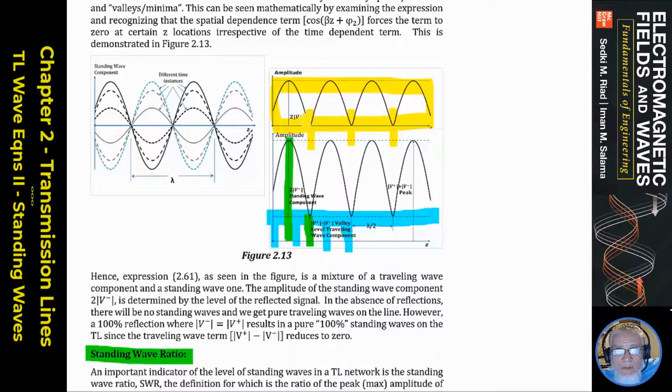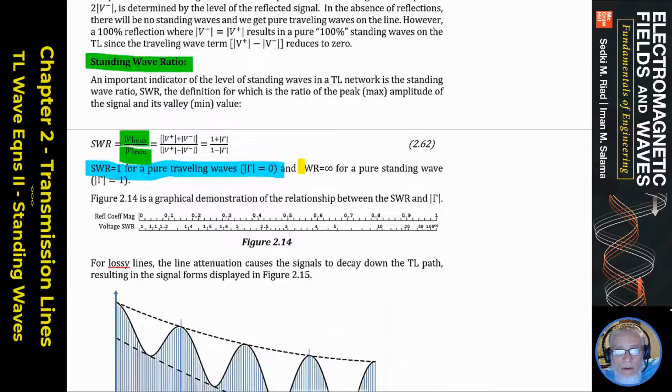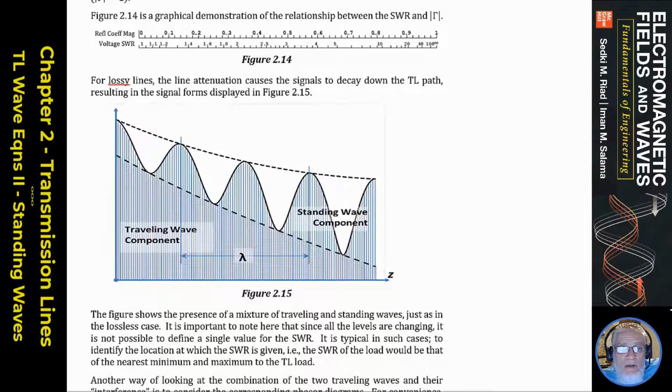So the ratio between Vmax and Vmin is going to be infinity. Standing wave ratio is infinity for a pure standing wave. That was the case for a lossless line. For a lossy line, the signal is going to be attenuating, and actually the traveling part is decaying, and the standing wave is right there, and the superposition looks like this.